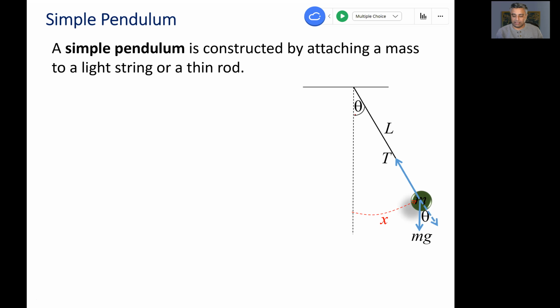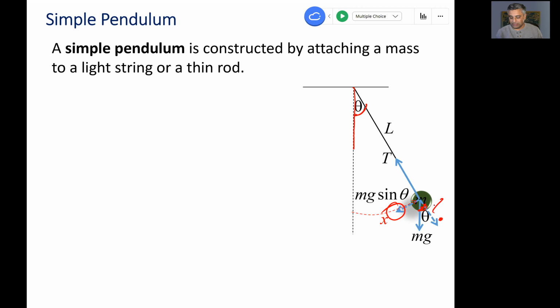Since this angle is theta, this angle is also the same as theta. See, this angle is the angle made by this line with the vertical. So it's the same thing here, right? So now this component is going to be mg cosine theta, and this one is going to be mg sine theta.